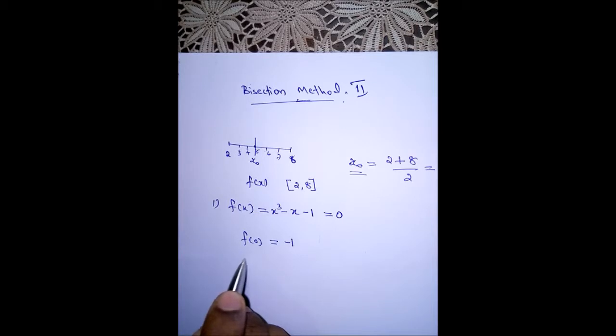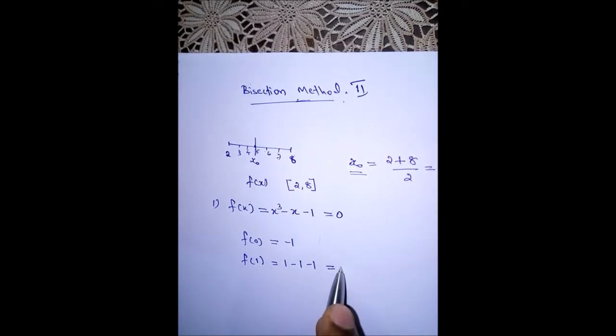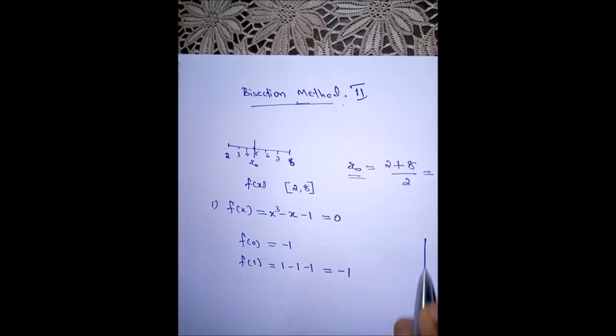Then we substitute x equal to 1, f of 1 is 1 minus 1 minus 1, which is equal to minus 1, right? That means the function is still below the x-axis. At 0, the function is minus 1, and for x equal to 1, it is again minus 1.